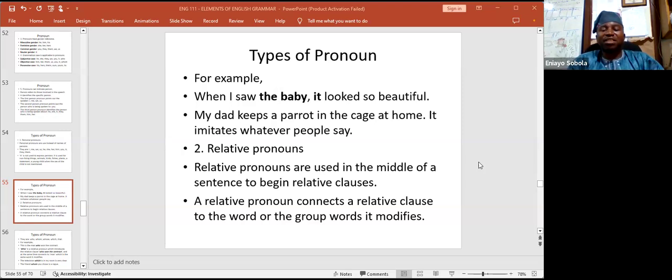So at the beginning of a relative clause, there should be a relative pronoun. A relative pronoun connects a relative clause to the word or group of words it modifies, meaning that a relative pronoun begins a relative clause and at the same time links that relative clause to the word or group of words that the relative clause modifies.